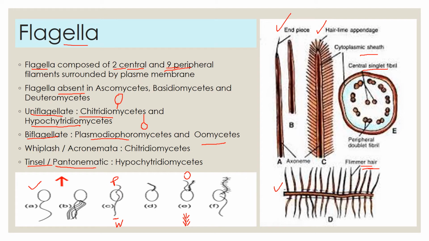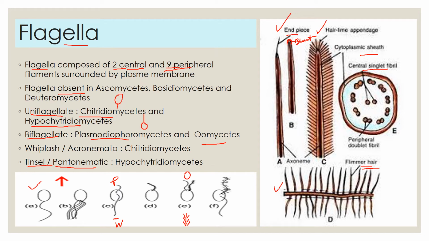One thing about whiplash is that it can also be of two types, depending upon the tip. If the tip of the flagellum does not contain an end piece, then it is called a blunt tip flagellum, or it can be a pointed end.